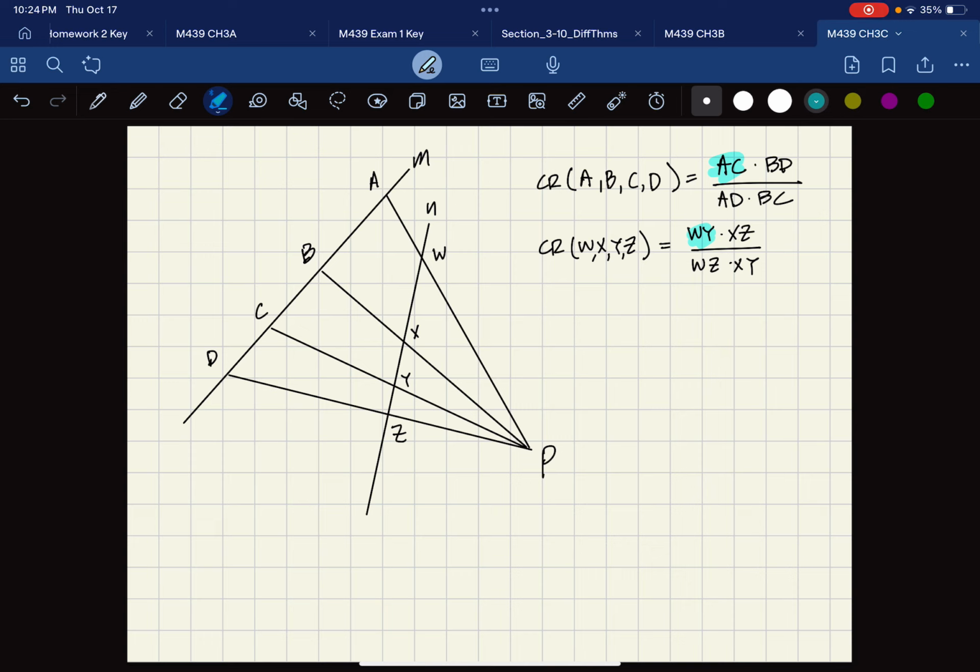So if I think about AC, here's AC and here's WY, and the thing that they have in common, of course, is this angle, right? So that's interesting, BD and XZ, and the thing they would have in common, of course, is this angle. So it seems like angles have something to do with this.